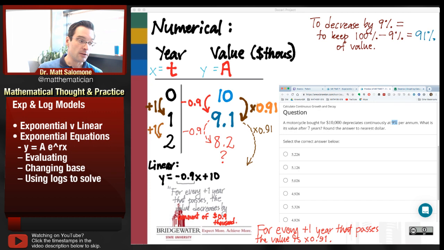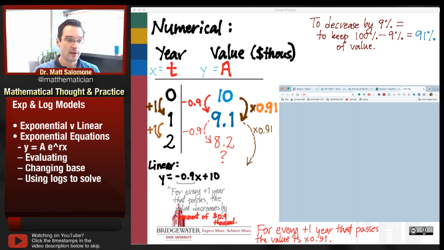Lose another 9% of this motorcycle's value. If I do that, then what I end up getting is 9.1 times 0.91. Type that into a calculator. 9.1 times 0.91.